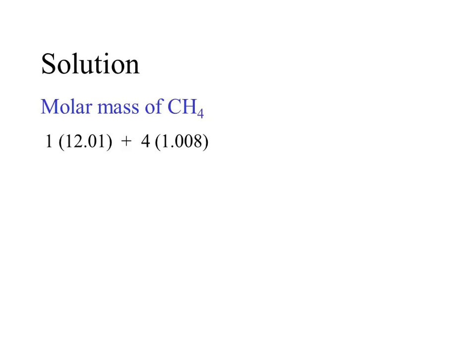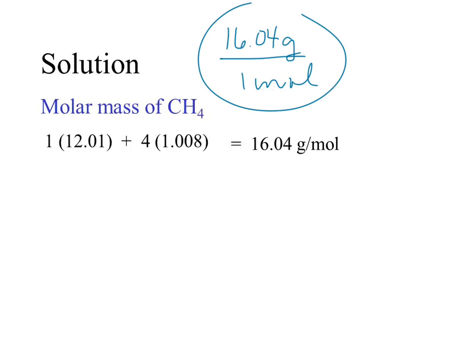Round it to 2 decimals, so the molar mass we're going to use is 16.04 grams per mole. Make sure you show that step and feel free to unpack it, get it ready to use.